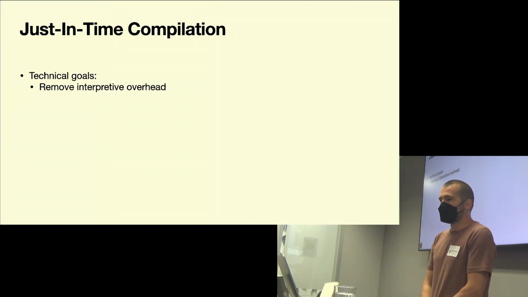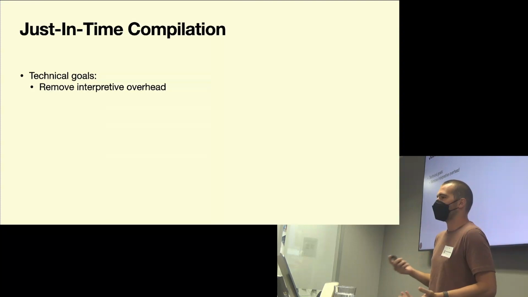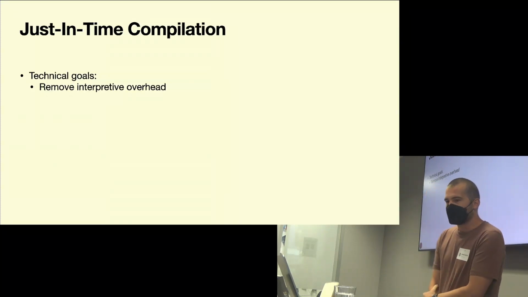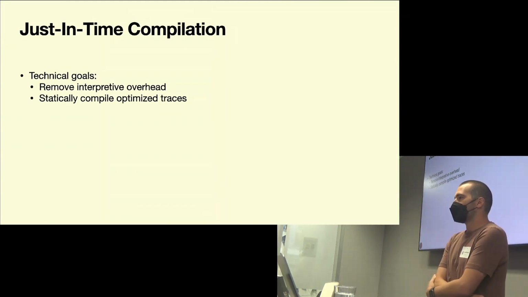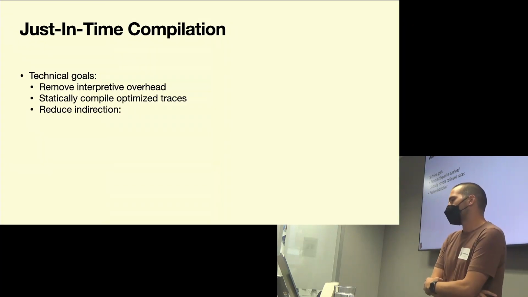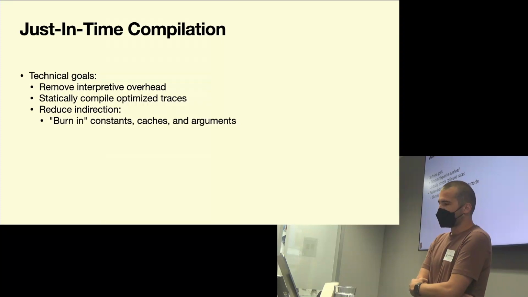But there's still a lot of other overhead that just comes from the way the virtual machine is laid out and the way it interacts with data. So we want to remove interpretive overhead by statically compiling these optimized traces. And statically compiling them allows us to reduce indirection in a few different ways.